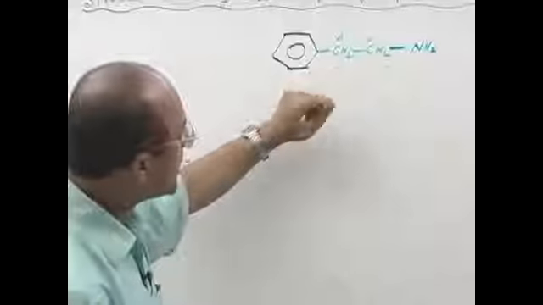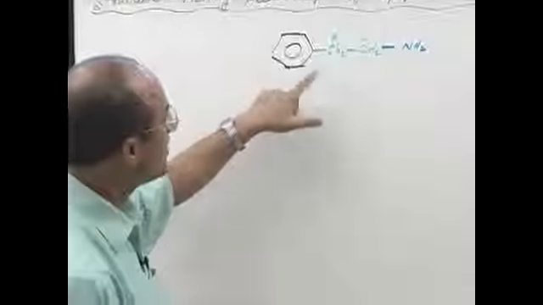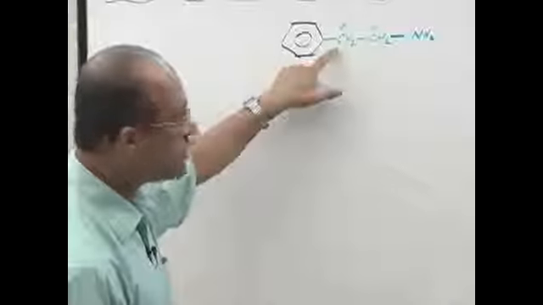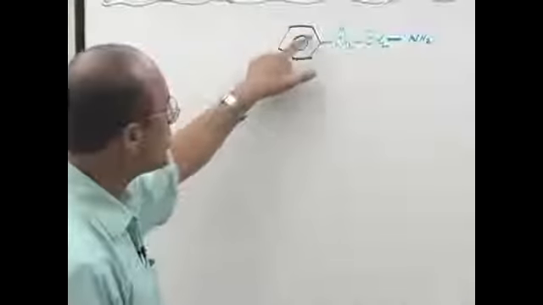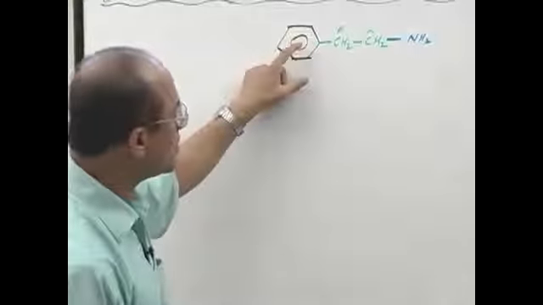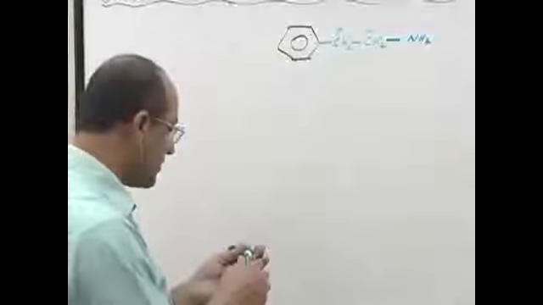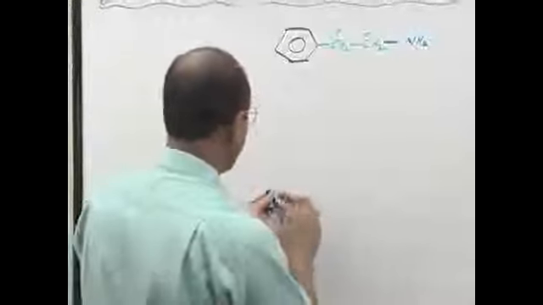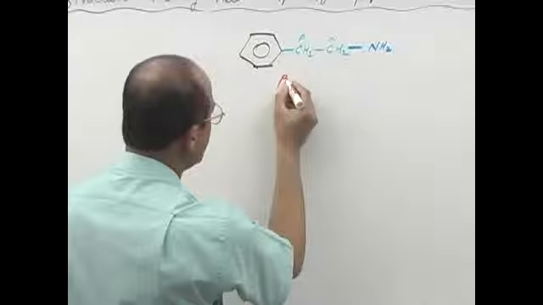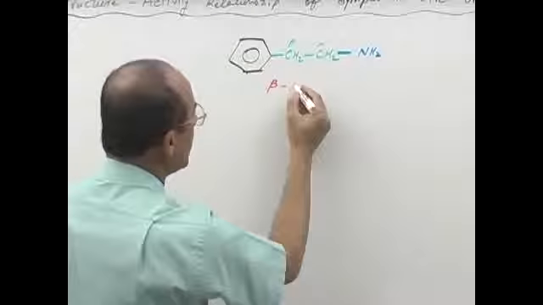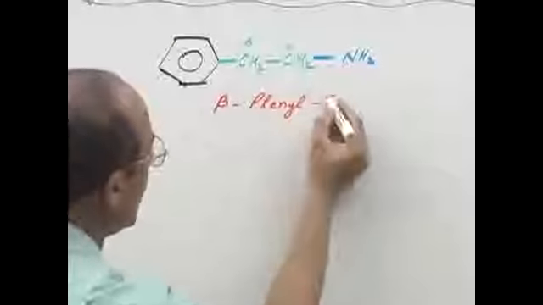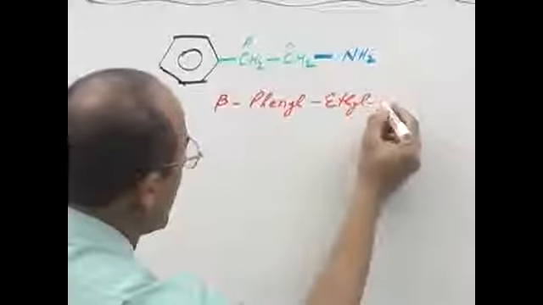Now, in this parent compound, we can see that to the beta carbon of the ethyl chain, there is attachment of a phenyl ring. This is the phenyl ring as well as the benzene ring. So this compound is called beta phenyl ethyl amine.